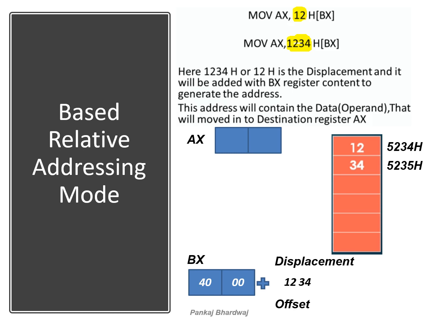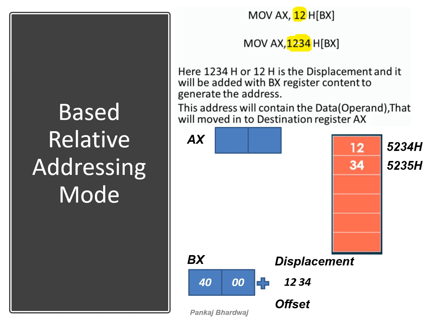So BX will be having the value 4000 in this case, and the 8-bit displacement is 12, the 16-bit displacement is 1234. For example, I have taken this 16-bit displacement or offset.